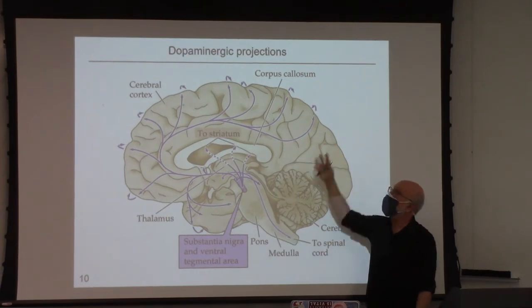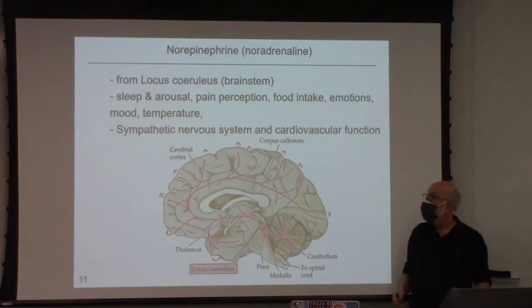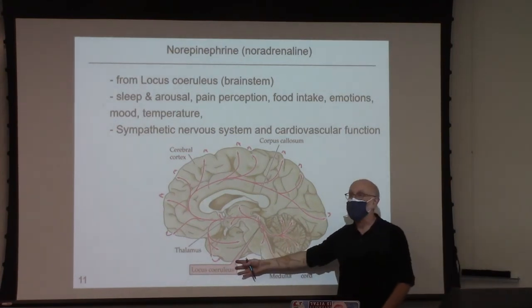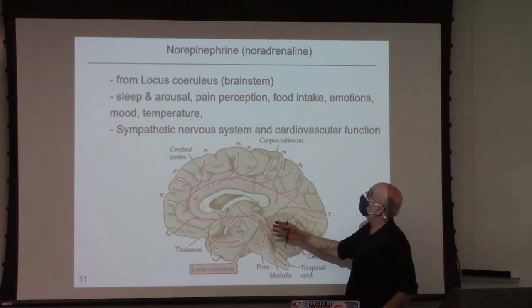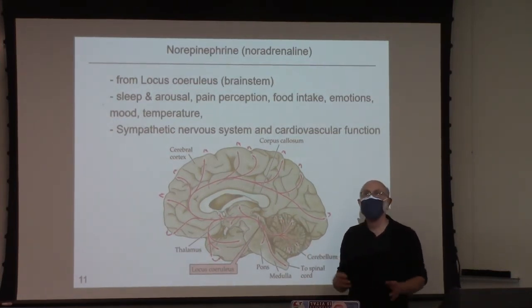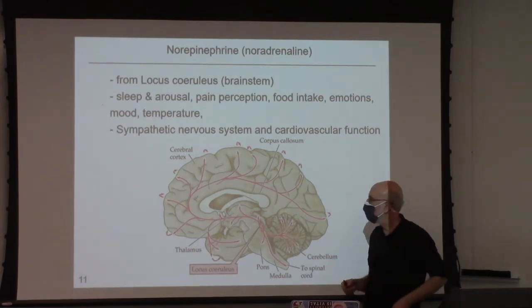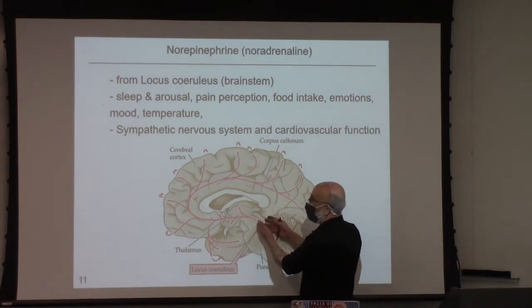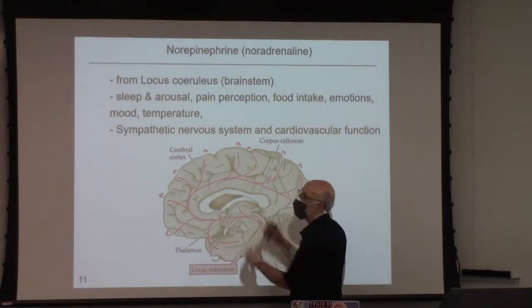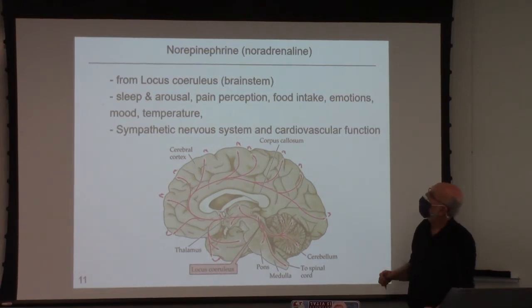Do I need to know that those are associated with dopamine? Yes. Do I need to know that the locus ceruleus, which is located very close to those other areas, is where norepinephrine neurons have their cell bodies? Yes. And just like dopamine, the axons from the locus ceruleus go everywhere.